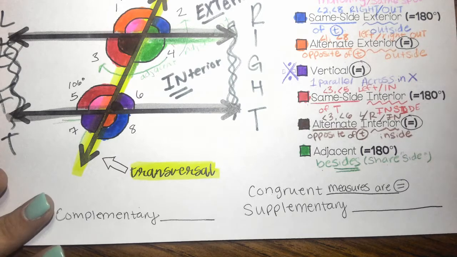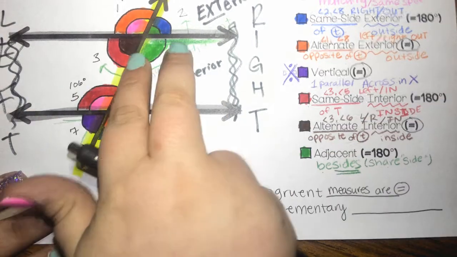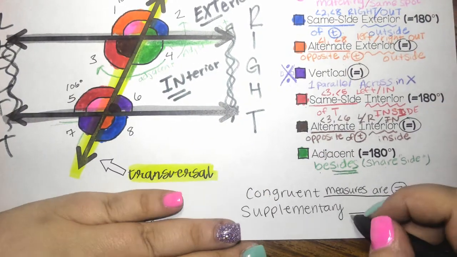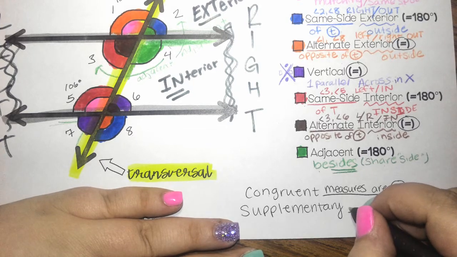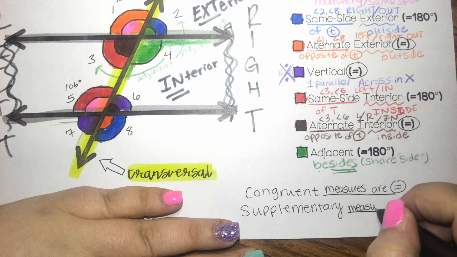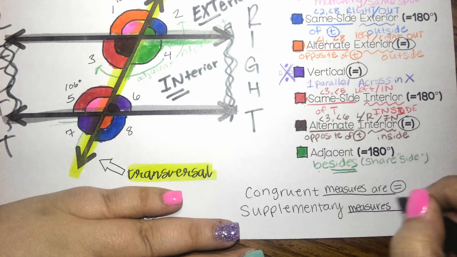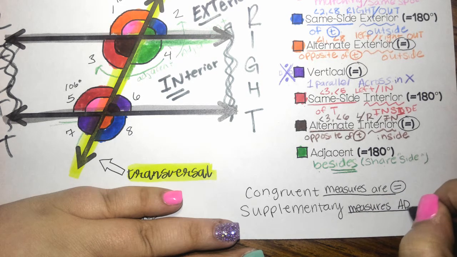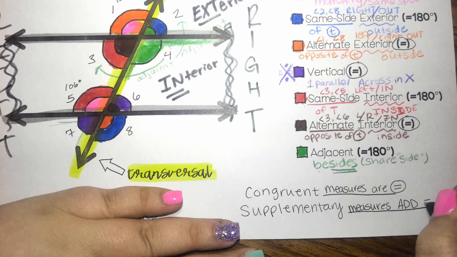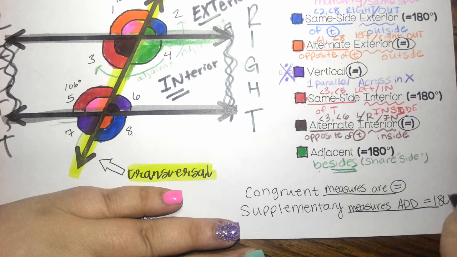Now the other one that's important specific to this kind of diagram here is the word supplementary, and that's where the measures of the two angles add up to equal 180 degrees.